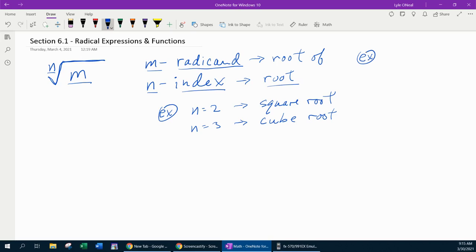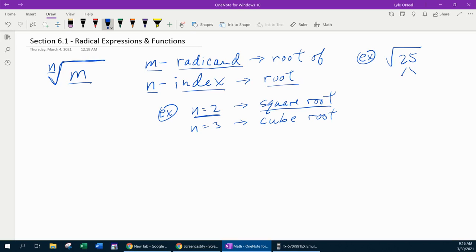Let's say we have this expression. Notice there is no number showing in the index spot. The index is 2 if there's no number there. If there is a number there, then the index is what is indicated. So here we have the square root of 25.